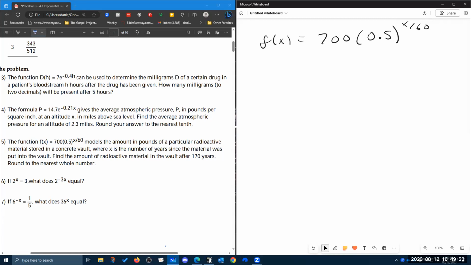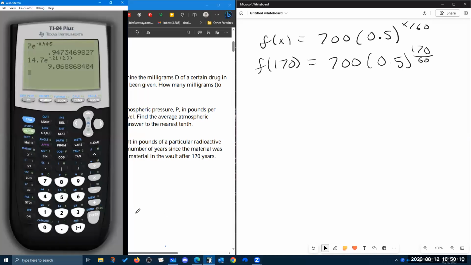So we want to know how much we would have in 170 years. 700 times 0.5 raised to the 170 divided by 60.